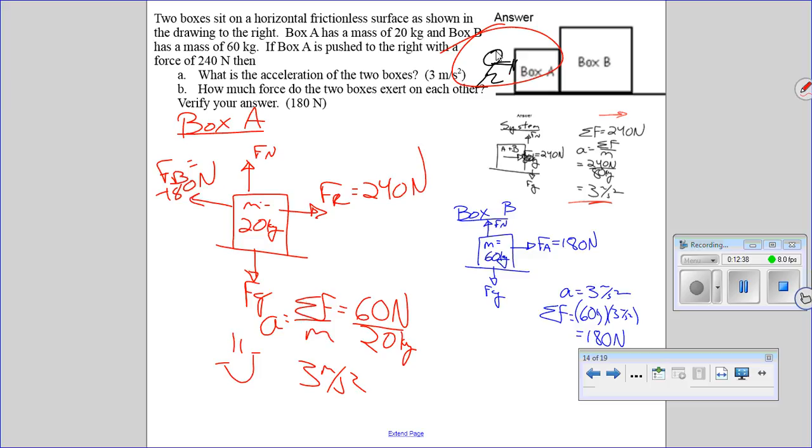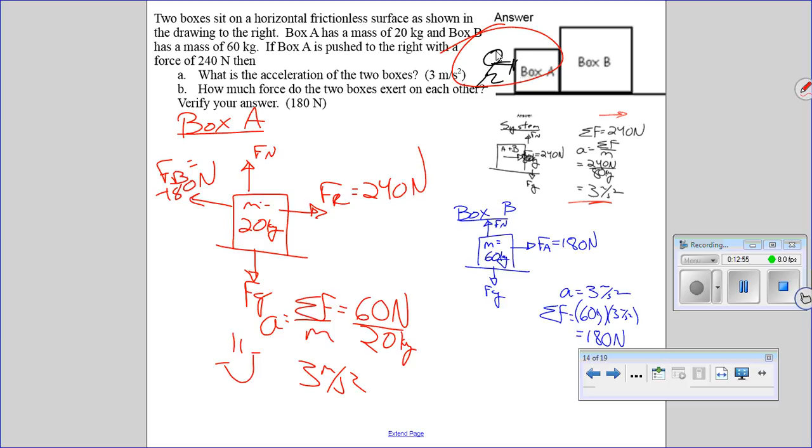Even though box A is being slowed down by the force of B, because it has less mass, it still has the same acceleration. Say that one more time. I think I lost track.